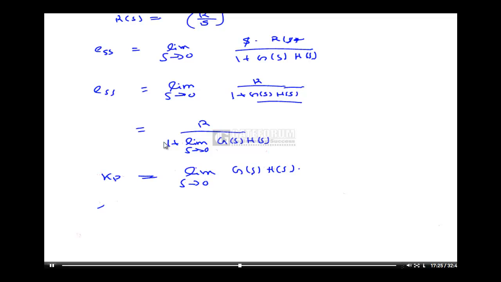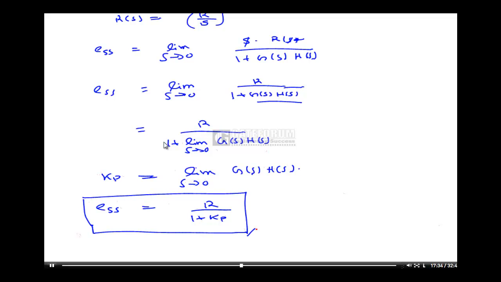So I can write my steady state error as R upon 1 plus Kp. Now this is assuming the type of the system is 0.